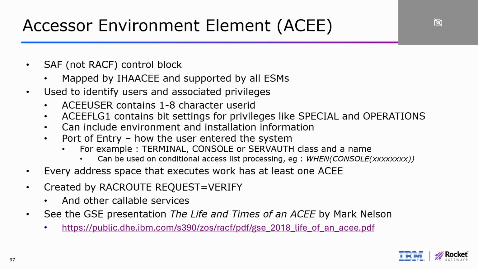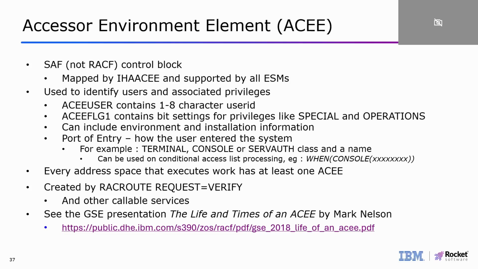A good example here is SDSF users. We use that port of entry of SDSF so that we can have a WHEN(CONSOLE(SDSF)) condition. That allows us to say, this guy's allowed to do this operator command only when he's inside of SDSF. Outside of SDSF, he's not allowed to. So it's a really nice little extra check that we can do.